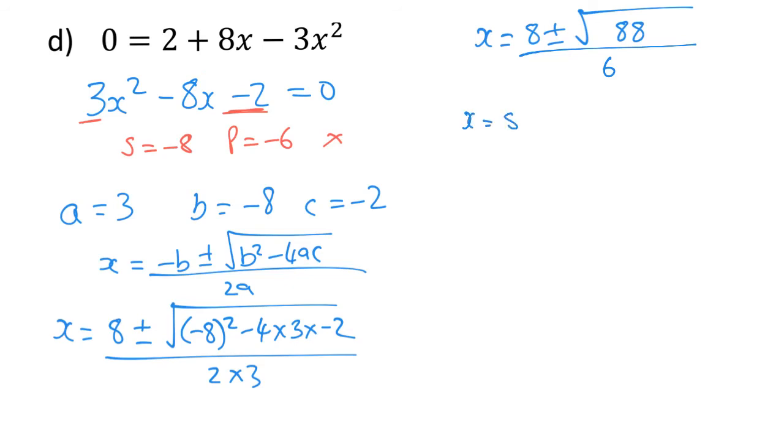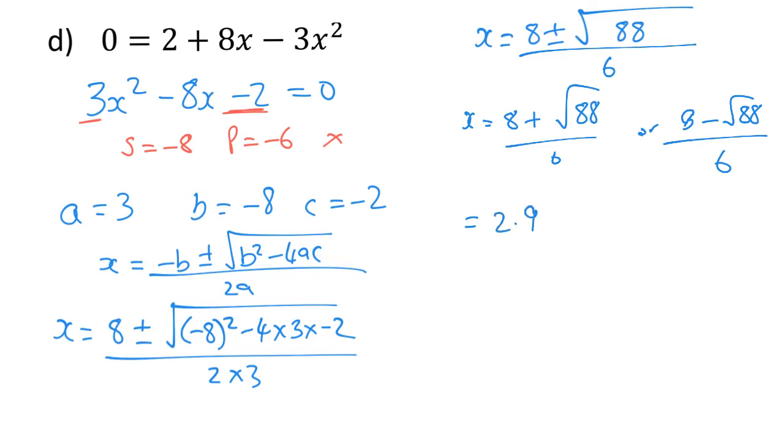So x equals 8 plus the square root of 88 over 6, or 8 minus the square root of 88 over 6. So putting those into the calculator, we get 2.90 or minus 0.23 to 2 decimal places.